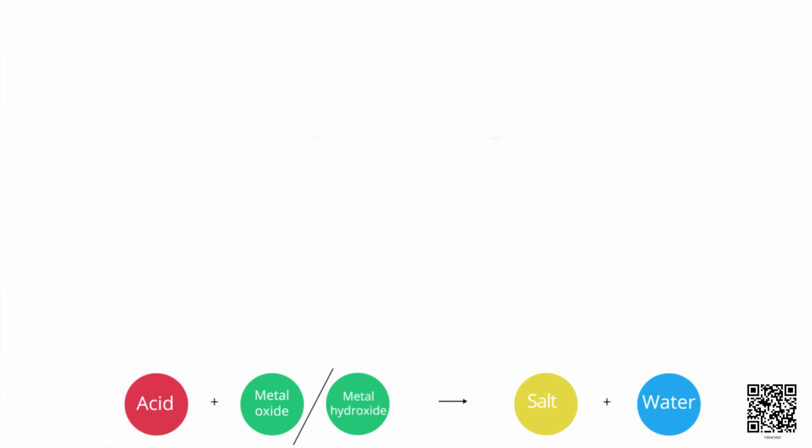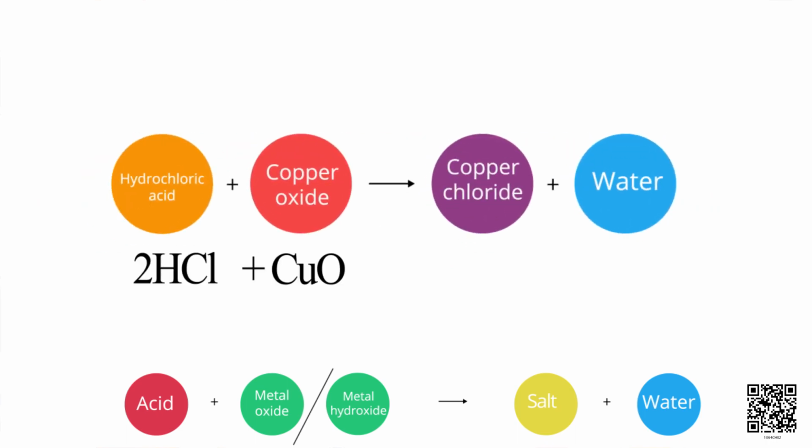This will become more clear if I give you an example of a metal oxide also. So, if we react dilute hydrochloric acid with copper oxide, then copper chloride and water are formed.